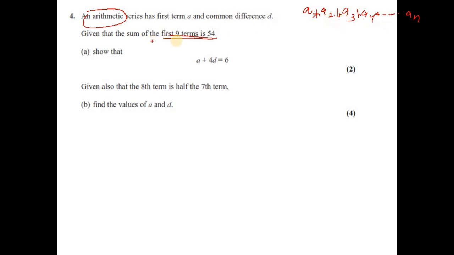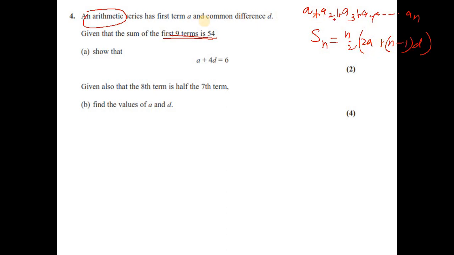Now the sum of 9 terms, you know that the sum of n terms, Sn, is n by 2 (2a plus (n minus 1) into d). This is the formula to find the sum of n terms, where n is the number of terms, a is the first term, d is the common difference.